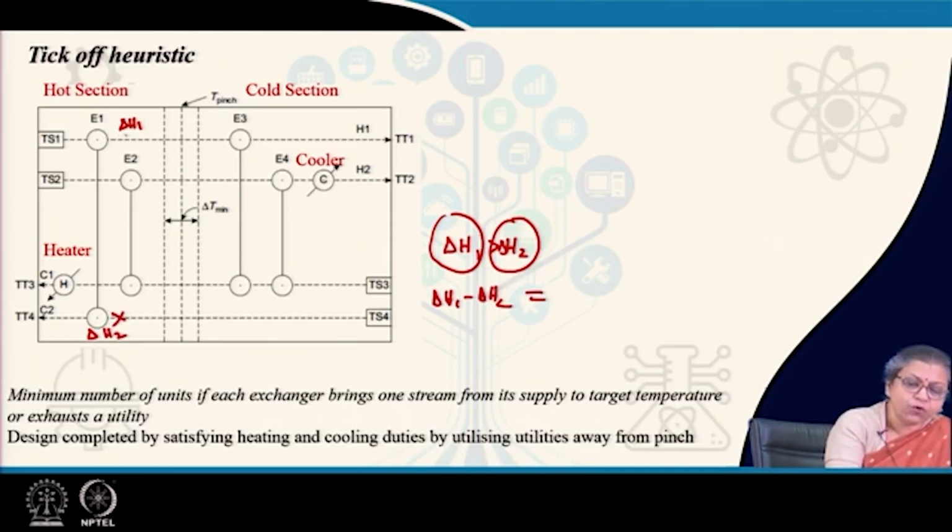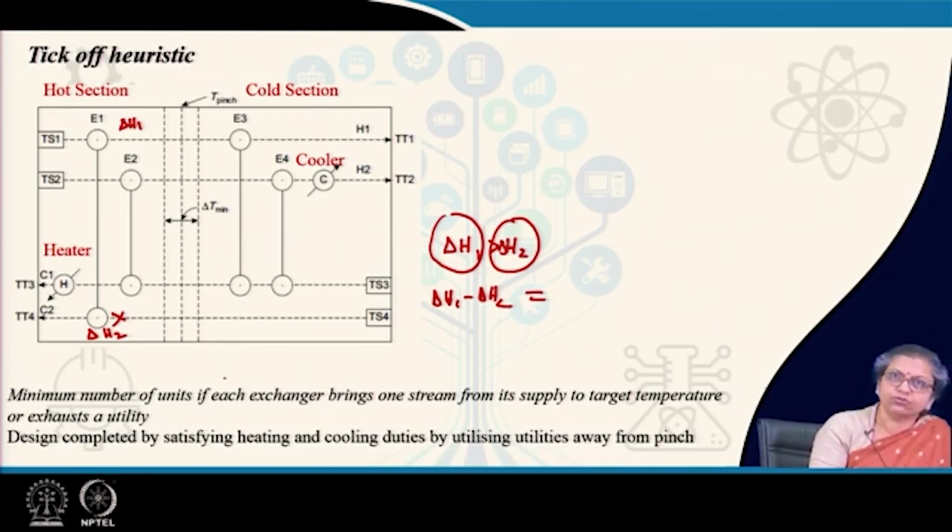After that we find the balance heat that could not be taken up. Then we find out if there is any other cold stream with which this balance can be adjusted. Normally, all the hot streams can be adjusted with cold streams. For cold streams, maybe we might not find a hot stream. If after all matches we do not find a hot stream, we place a heater. I am just talking about the hot section; the same thing applies for the cold section as well.